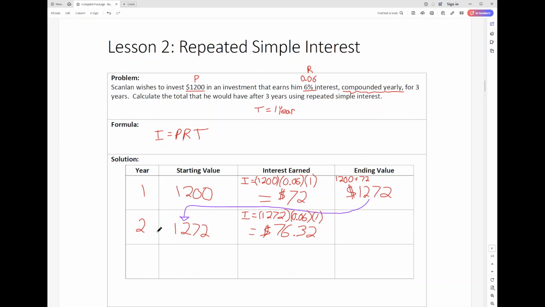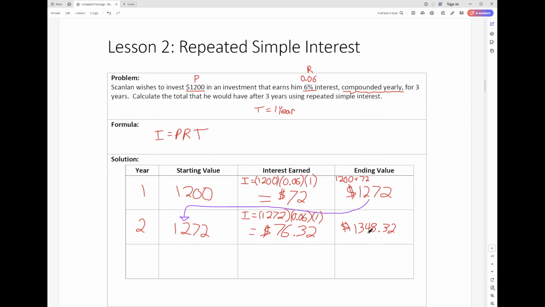But the amount when we add these two together, 1272 plus 76.32, is 1348 and 32 cents. Oh, goodness. 32 cents.